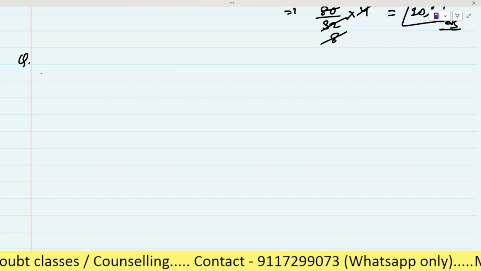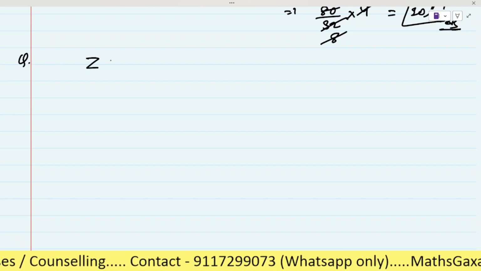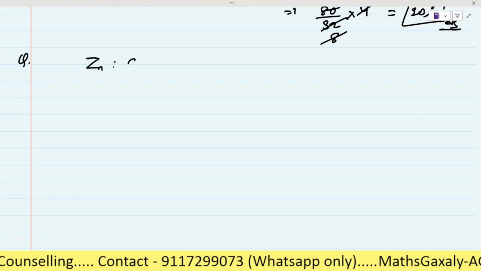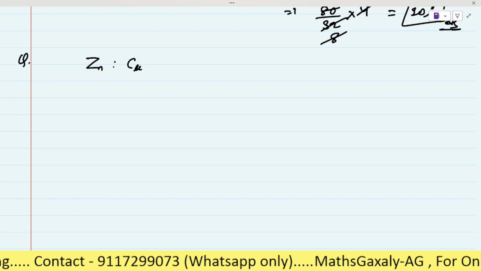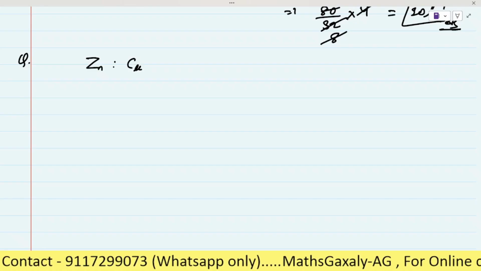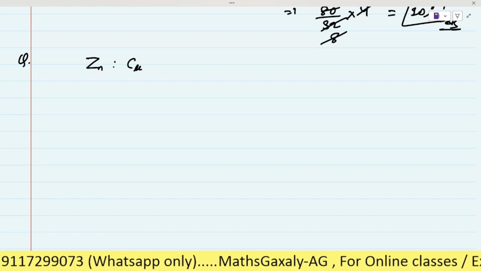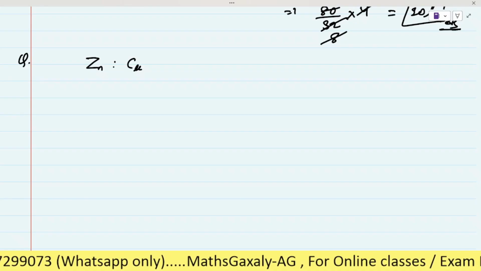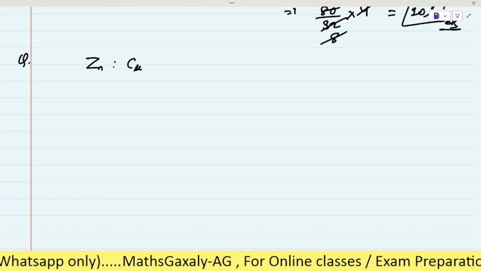Let's see here. It is saying zinc and copper are in the ratio 5 is to 3. So here we will write Zn is to Cu. If you know the notation, you can write it.